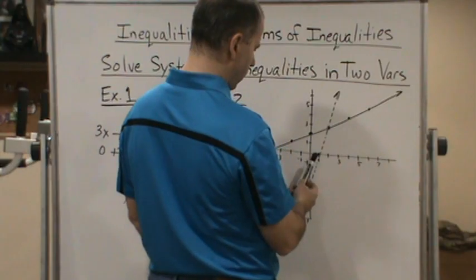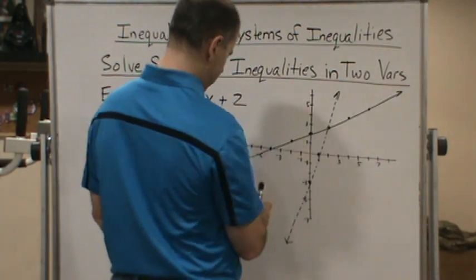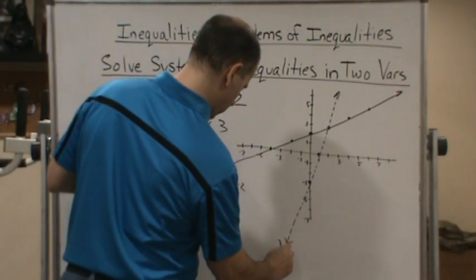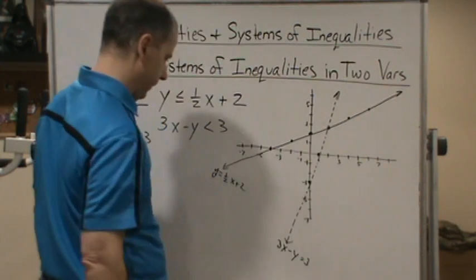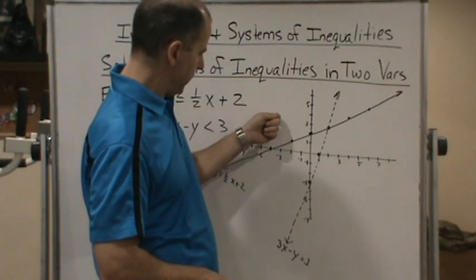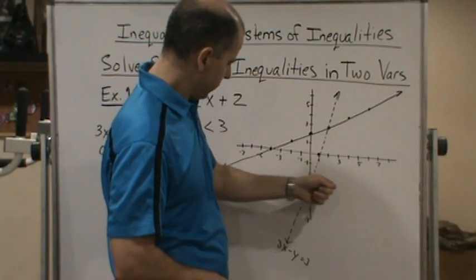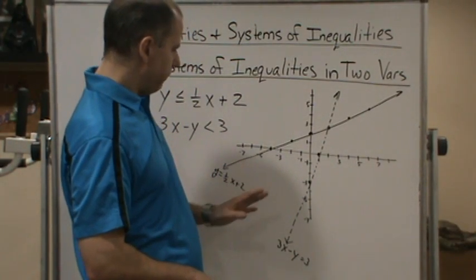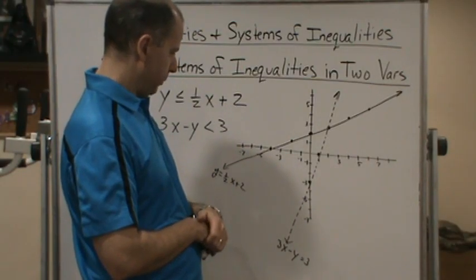So this is 3x minus y is equal to 3. It's either going to be shaded above this line or below it, on this side of this line or on this side. So what we need to find out is where the shaded regions overlap.